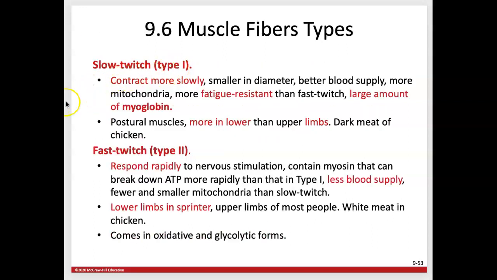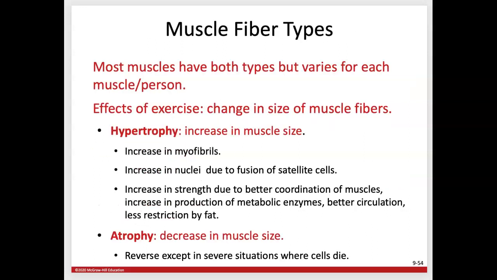Somebody that is really good at endurance running, doing the 100-mile or 100-kilometer run, is going to be more likely to have more of these slow twitch fibers in their legs. And everybody's different. Somebody that is a really great sprinter will have more of those fast twitch fibers in their lower limbs. I am not a sprinter. I am not a long distance runner, so I don't know what I have in my legs.